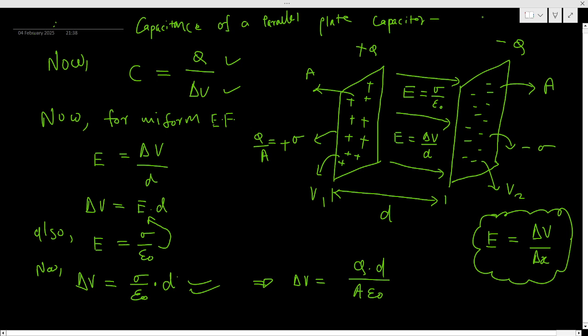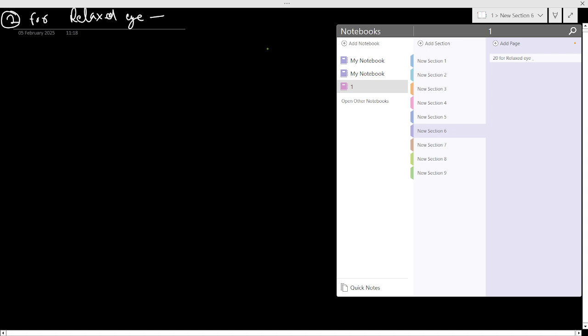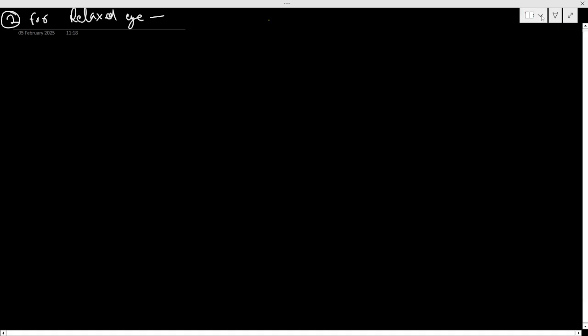Now we can put the value of delta V in the formula of capacitance. What is the formula of capacitance?